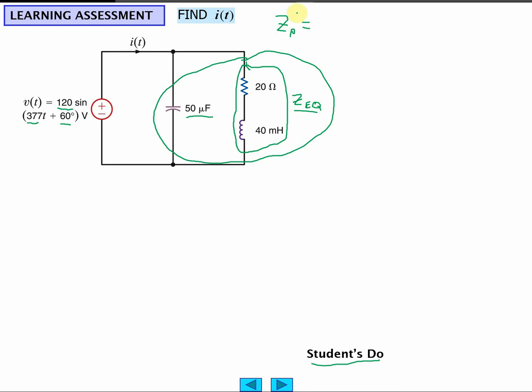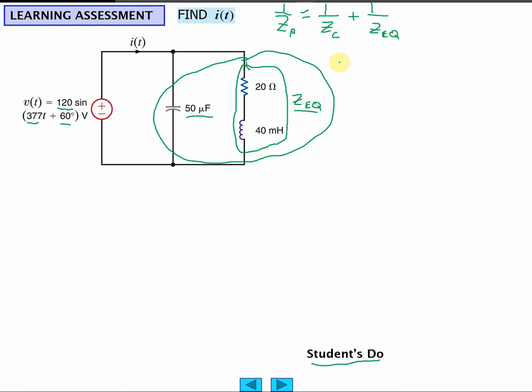will be given by, and I should say reciprocal of the impedance of the parallel combination, will be given by the reciprocal of the impedance of the capacitor plus the reciprocal of the equivalent impedance of the resistor and inductor.